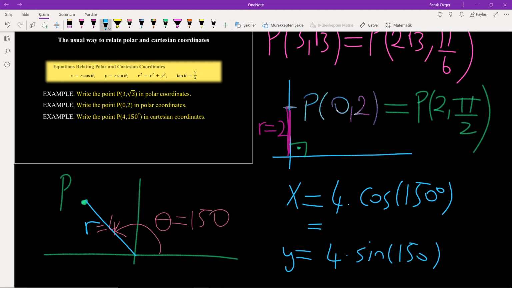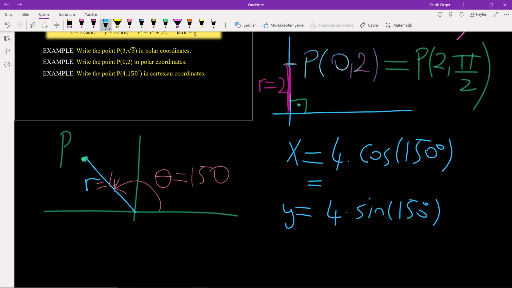Okay, and we know that cosine 150 degrees is equal to minus square root of 3 over 2, and it becomes minus 2 square root of 3. Sine 150 degrees is equal to 1 over 2.